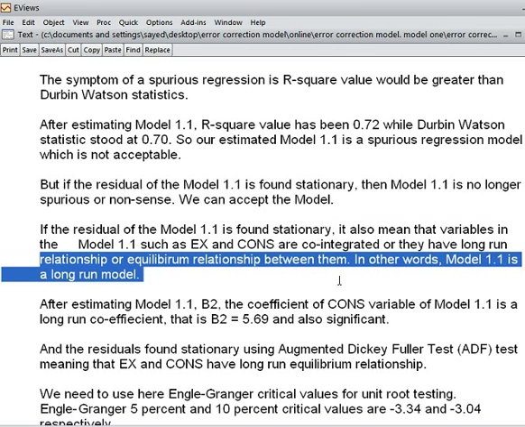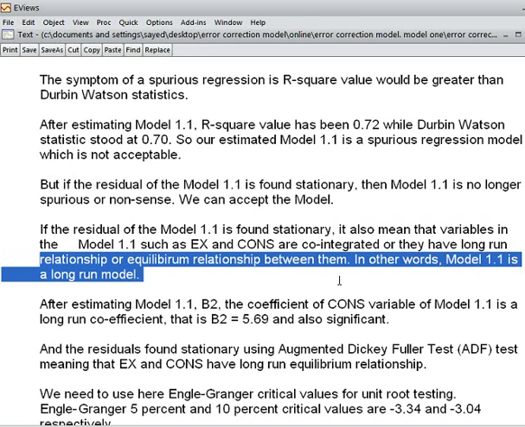So here what is happening? If the residual is stationary, then what will happen? The estimated model 1.1 is no longer spurious. We can accept the model.